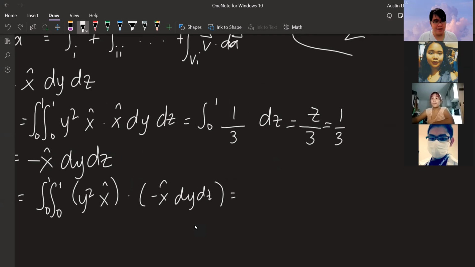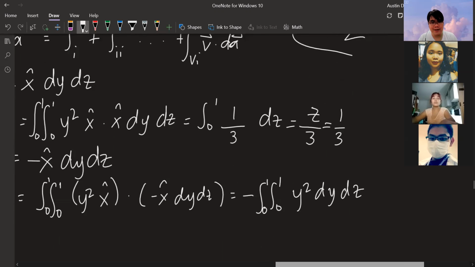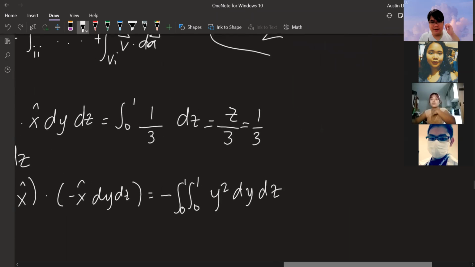Yung x hat dotted with x hat is just 1. So the integral is negative. Nilabas ko lang yung negative, ha? Para hindi tayo maguluhan doon. Baka mamaya ma-minus natin. Nakakalito. So y squared dy dz. Madali lang to integrate. Kasi integral ng y squared with respect to dy is just y cubed over 3.